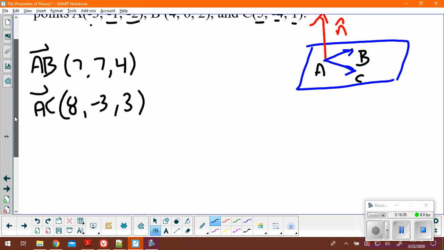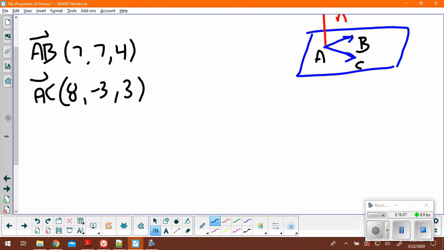Now that I have my vectors, we're going to do the cross product. I'll just run that on the side here: 7, 7, 4 and 8, -3, 3.